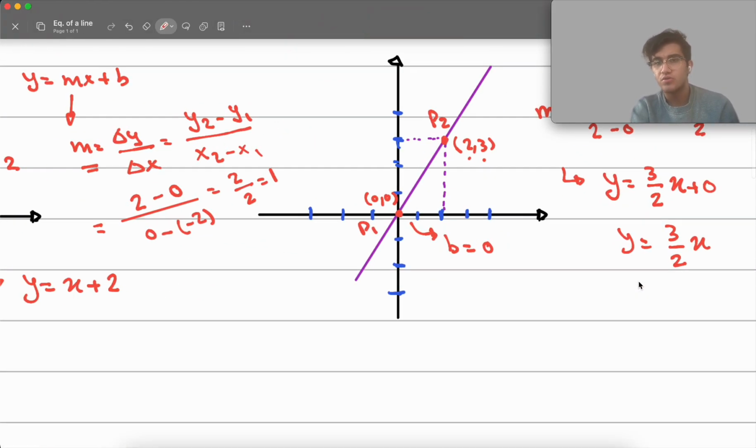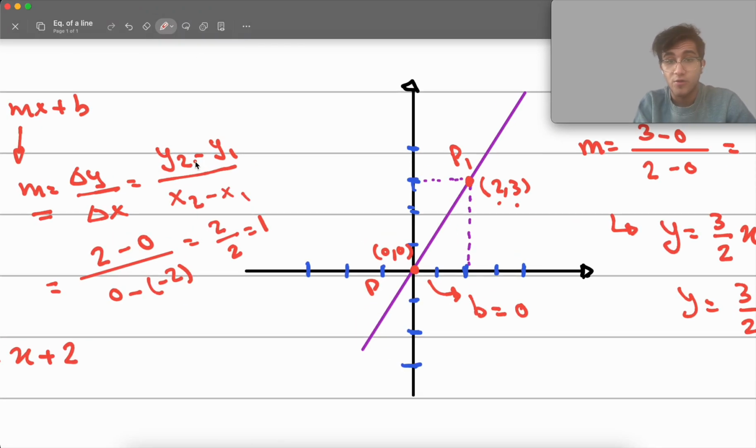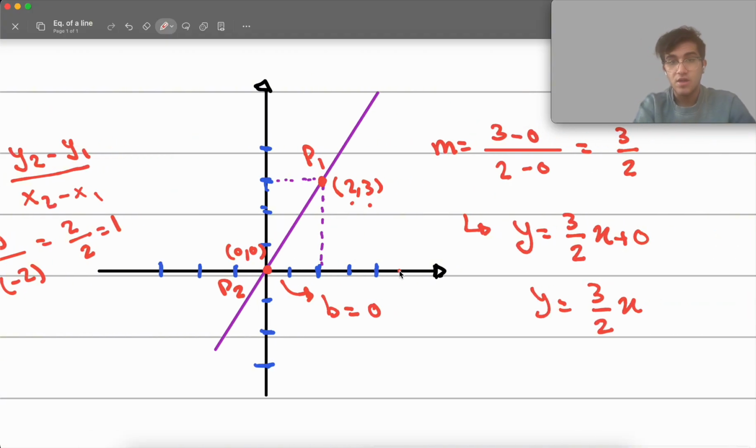Now let's change the second point with the first one, just to show you that it does not really matter if you choose that point as your second one or first one. If I choose this one as my first point, because I chose that as my second point before, and this is the second one right here, it's going to be as follows.